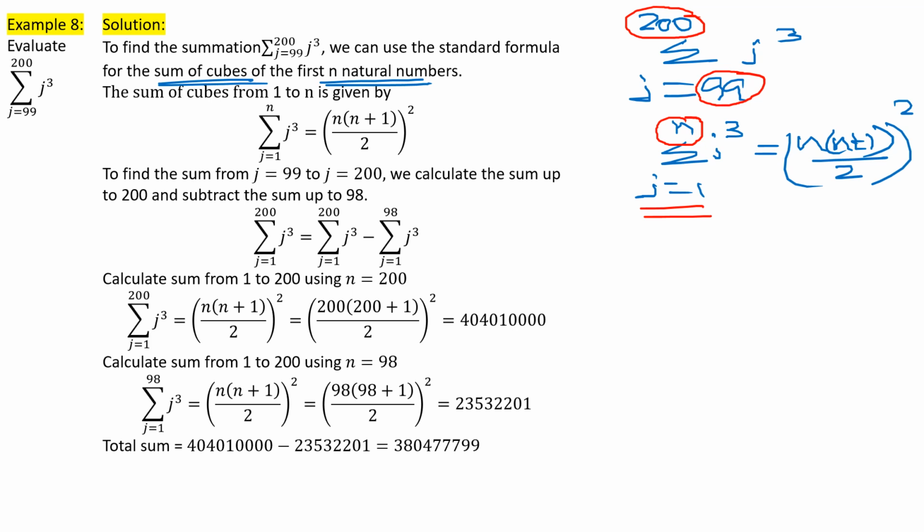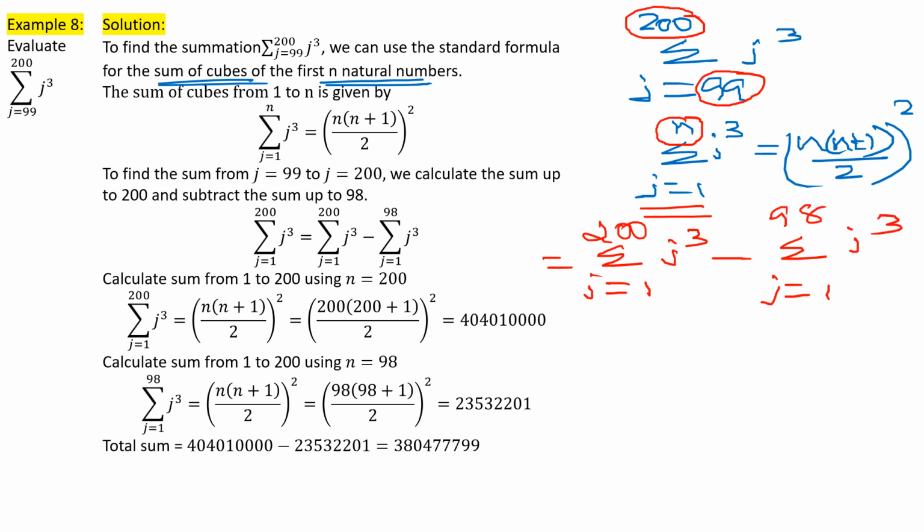Okay, so we can write this as sigma j starting from 1 to 200 of j to the power 3 minus sigma j starting from 1 to 98 of j to the power 3. So we have to apply this formula separately here, and this formula separately here.